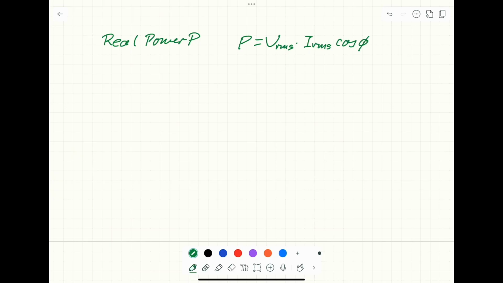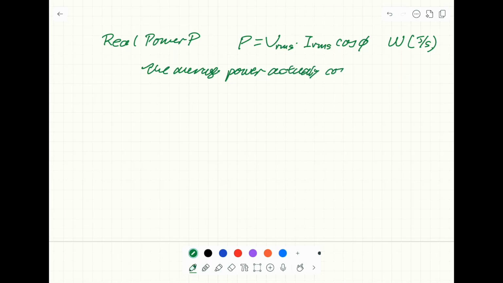And remember, because this is the real power, the power really consumed by the load, we use watt, which means joule per second. In watt, it means the average power actually consumed or converted to heat or work in the load.